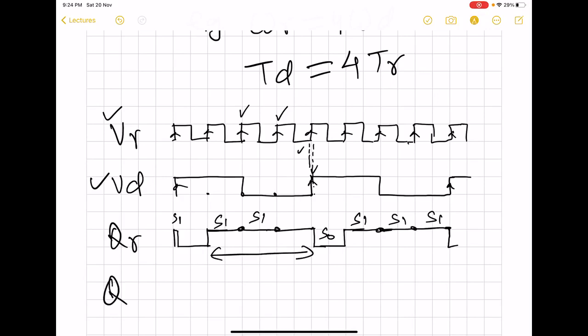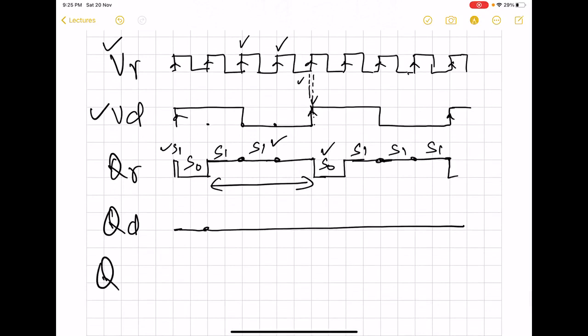And now let us see what will be QD. So for QD, when we have state 1 for QR, that time it will be 0. And when it goes into state 0, it will of course remain 0. And since it has gone into state 0 or state 1, QD is of course going to be 0 all the time, because in state 0 and state 1, the QD value is equal to 0.